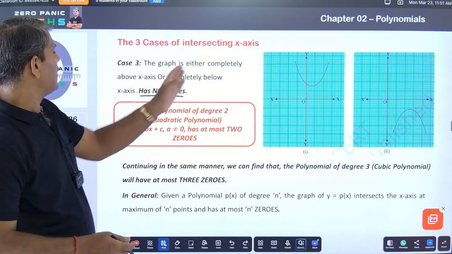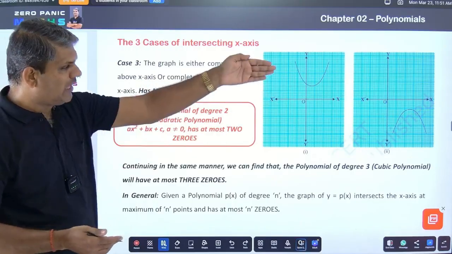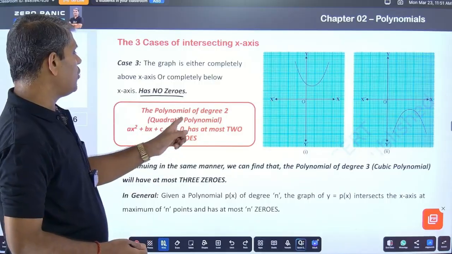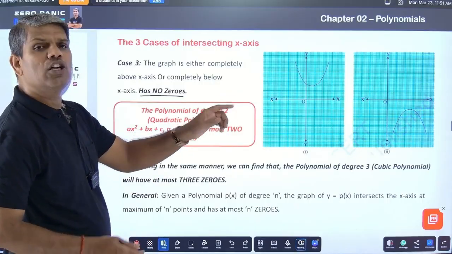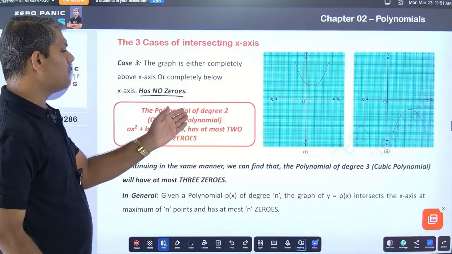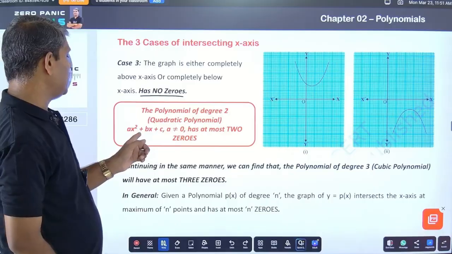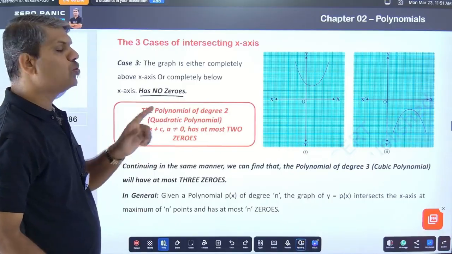So the graph is completely above the x-axis or completely below the x-axis, in which case the polynomial has no zeros. So in general, the polynomial of degree 2, which is called a quadratic polynomial, has at most two zeros.